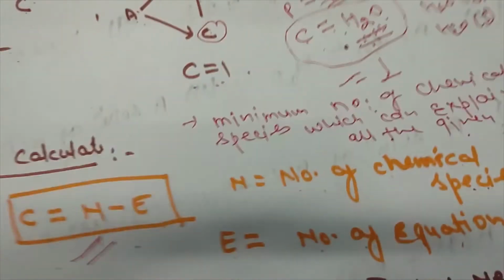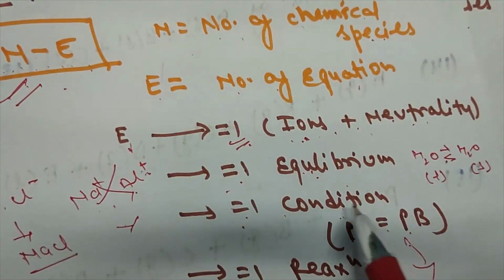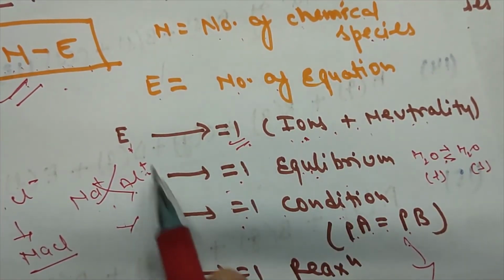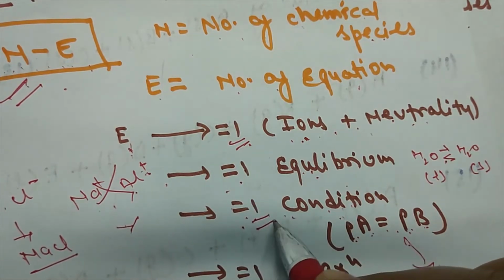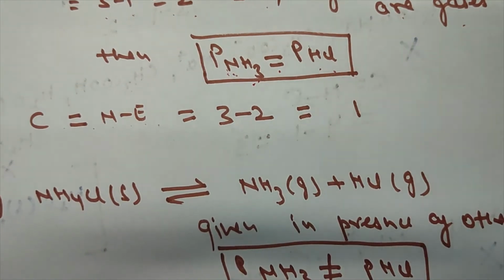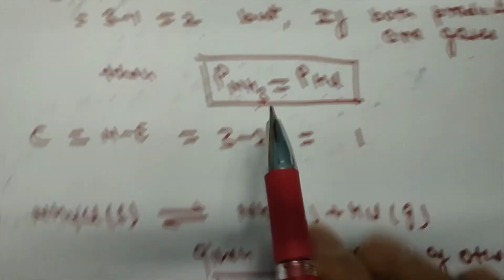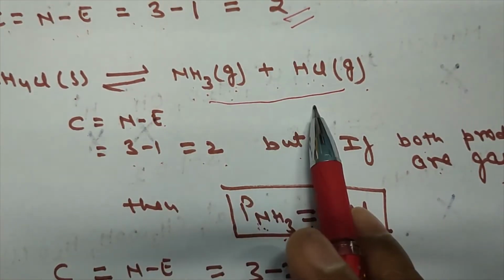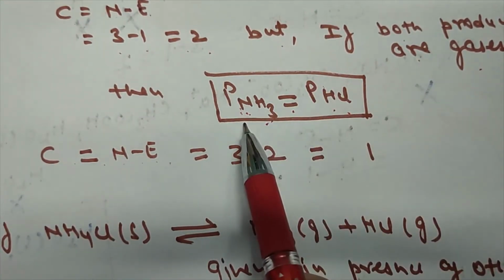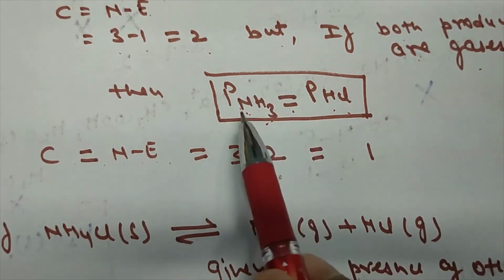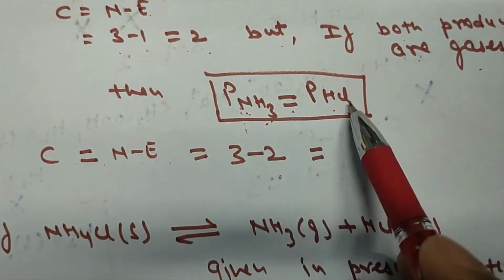Now here is the condition that I have said. For the condition Pa is equal to Pb, you will take E also as 1. So I'm going to discuss it here now. If all the products are in the form of gas, then you have to take it, whether it is given or not, P of NH3 is equal to P of HCl.